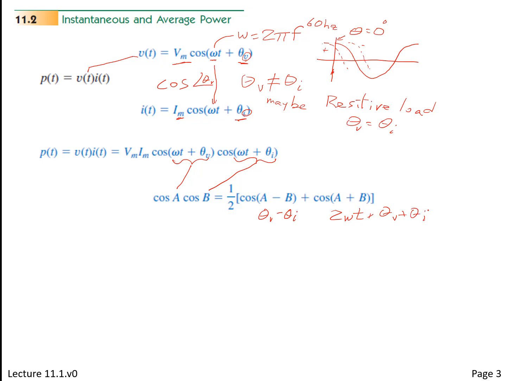Okay? So you can see this term, that net phase angle is going to be smaller. In this term, the net phase angle is going to grow. So if you picture here, you got two vectors, they're going to come closer together, right? Where this is minus the other phase.